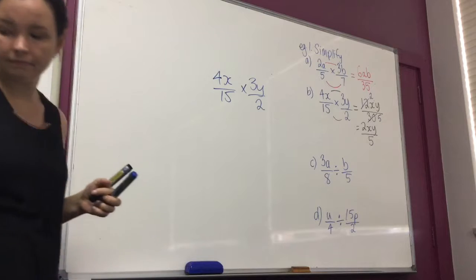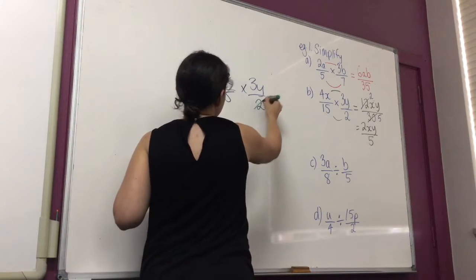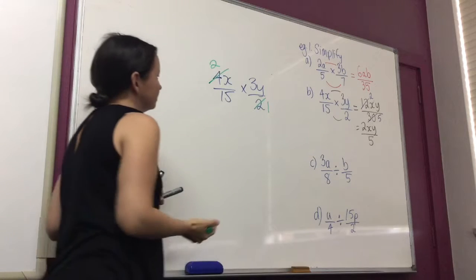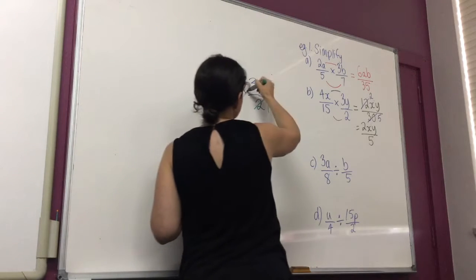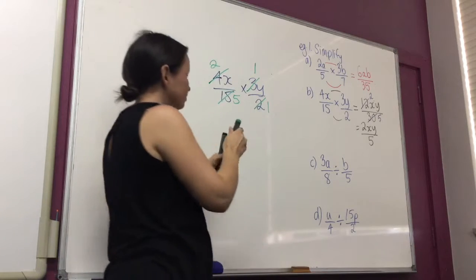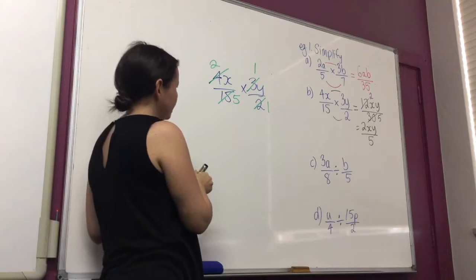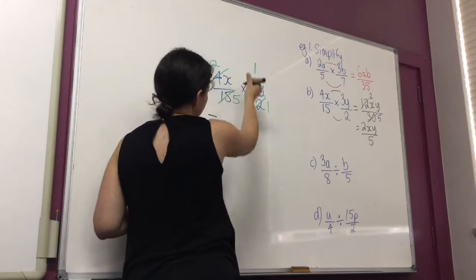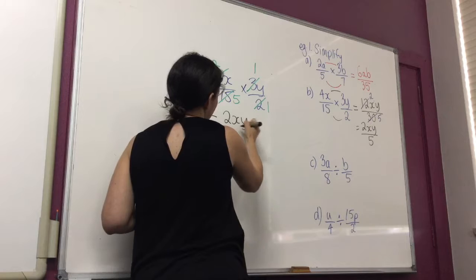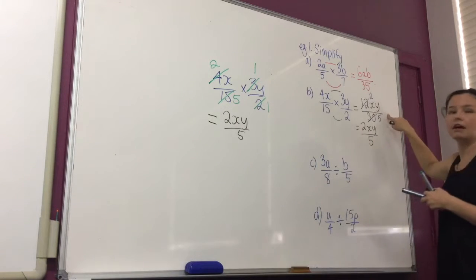The 4 goes twice, and the 2 we change to a 1. And then the same with the 3 and the 15. The 3 would be a 1, and the 15 would be a 5. So we could cancel first before we multiply, which means that our answer would be fully simplified anyway, because we just end up with 2xy over 5, which is what we have here, except without this extra line of working.